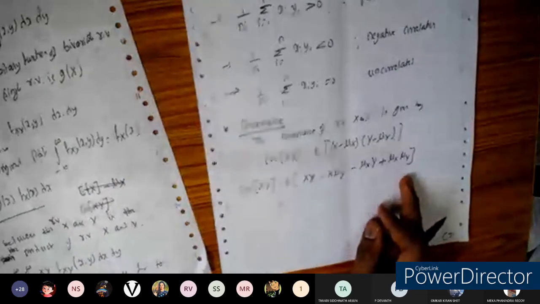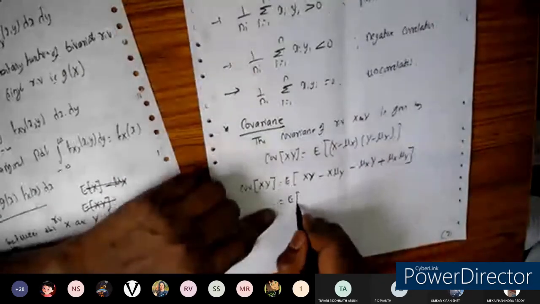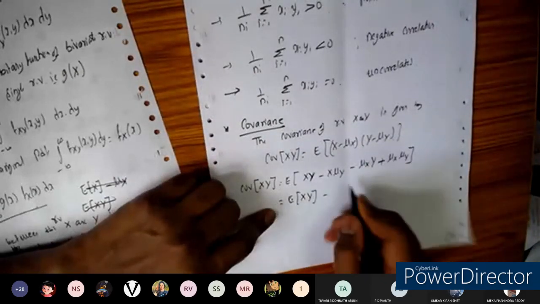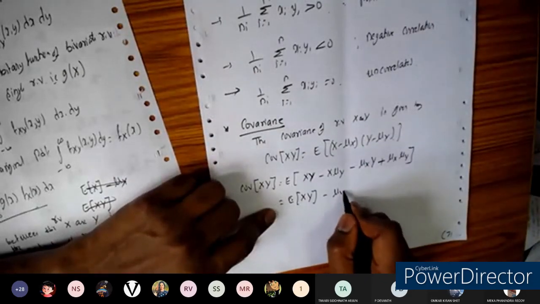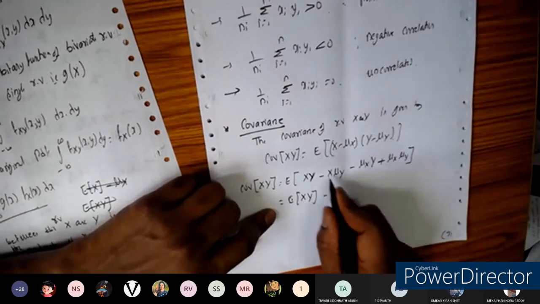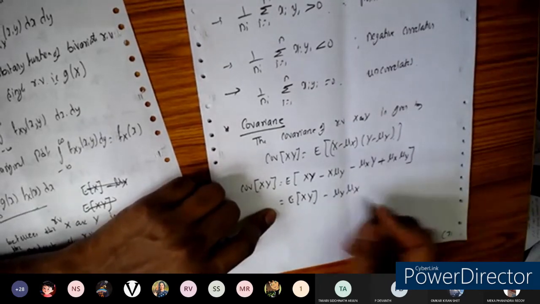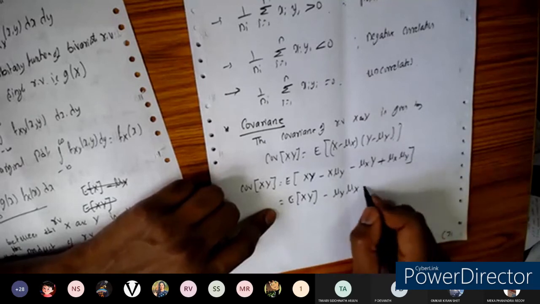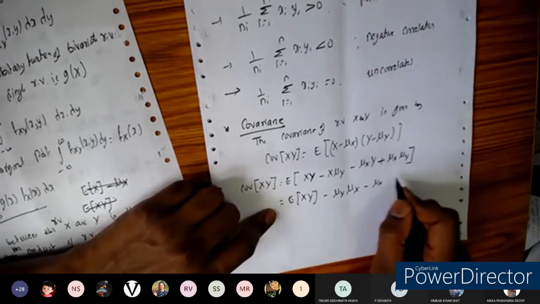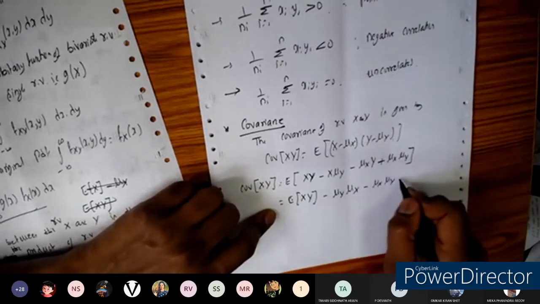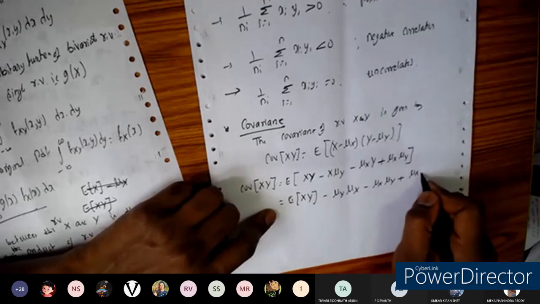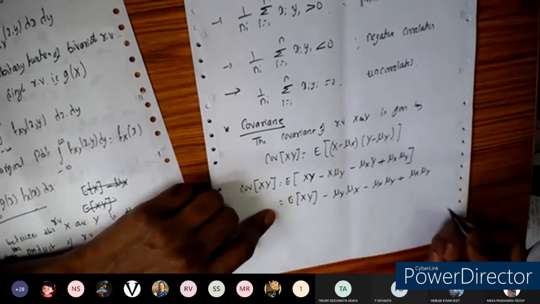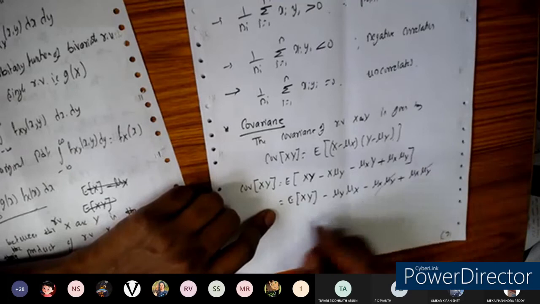So it becomes expectation of xy minus nu y times expectation of x, since the expectation of a constant is the constant itself, and the expectation of x is nu x. Plus nu x into nu y. So this term gets cancelled with this one.